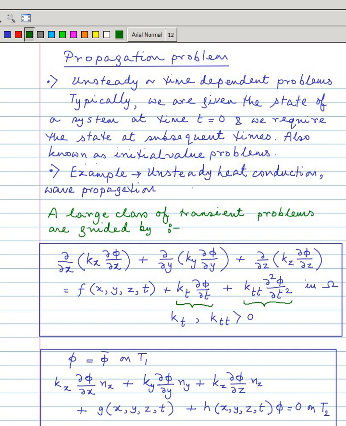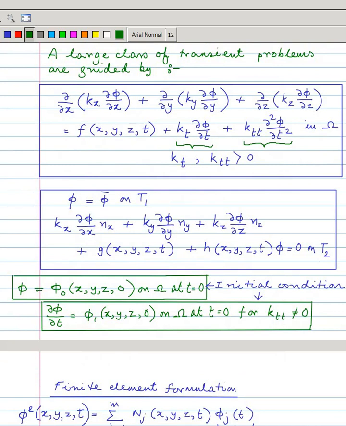So you are now familiar with this equation. This part is same as what you get in quasi-harmonic equation, only these are the two extra terms, where kt and ktt are greater than 0, and this is the boundary condition.